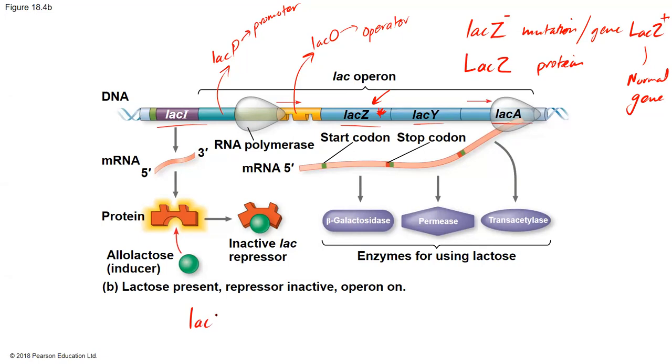So LAC-Y minus is a mutant gene, for example, and LAC-Y plus, or maybe just LAC-Y. So sometimes we use the minus or plus sign, the minus to indicate a mutant gene. Sometimes we use the plus, or nothing, to indicate a normal or what we call wild type gene. Okay.